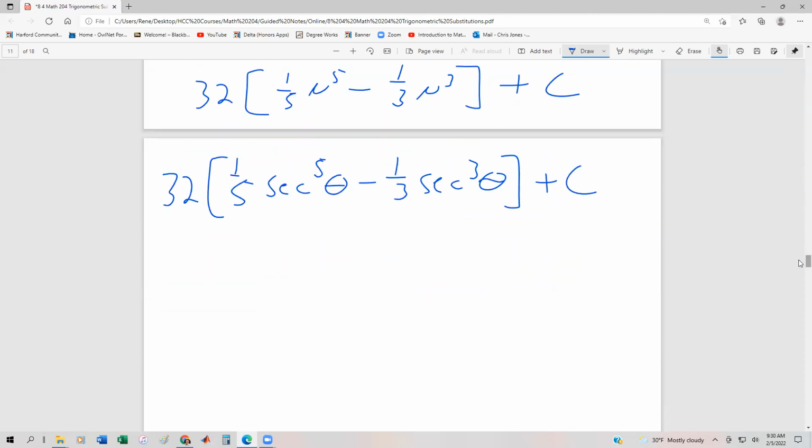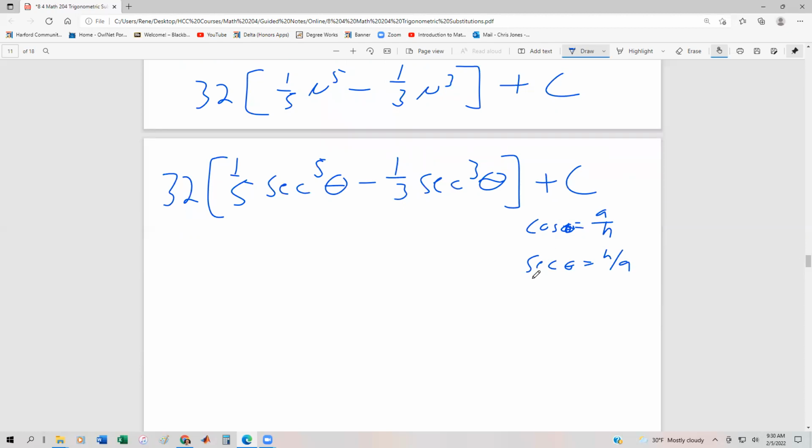We still have to back substitute for secant. Now remember, secant is the reciprocal of cosine, and we know that cos of theta for this triangle is going to be adjacent over hypotenuse. So if we flip both sides over, secant of theta is hypotenuse over adjacent.